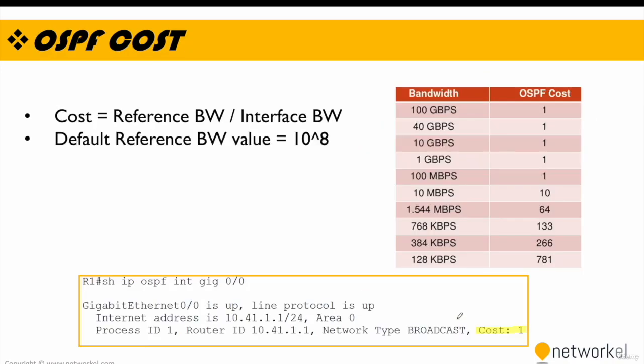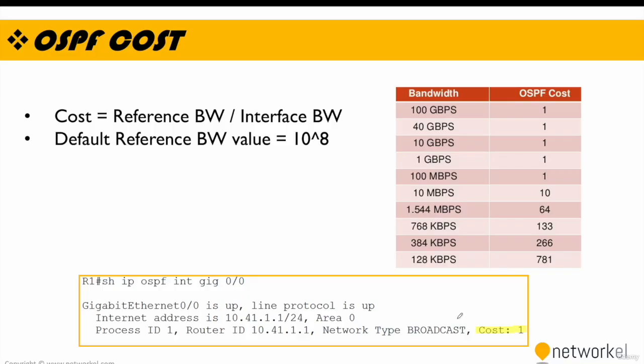OSPF, guys, calculates the metric with a cost value. You can find the cost by dividing the reference bandwidth by the interface bandwidth.